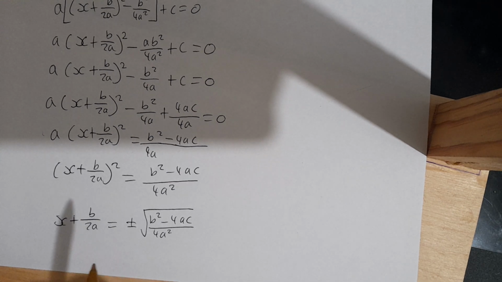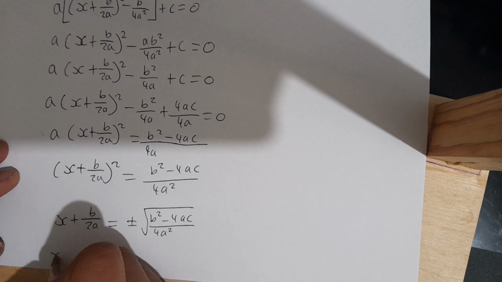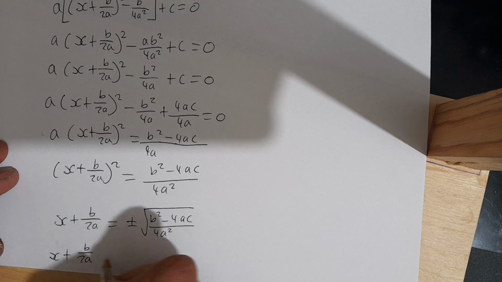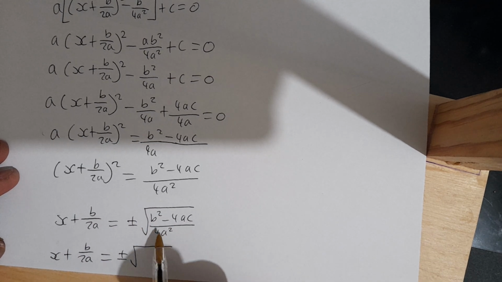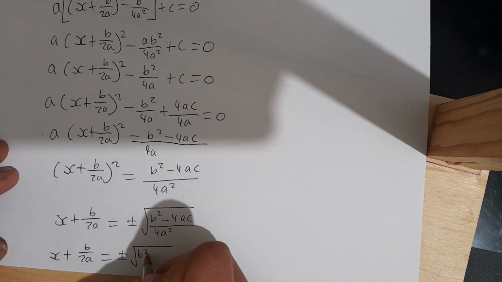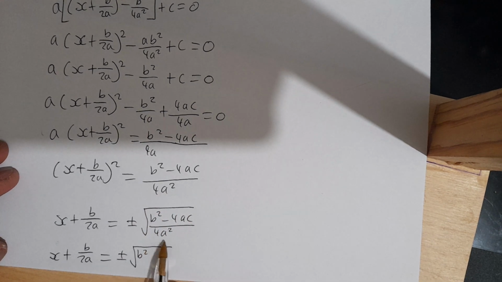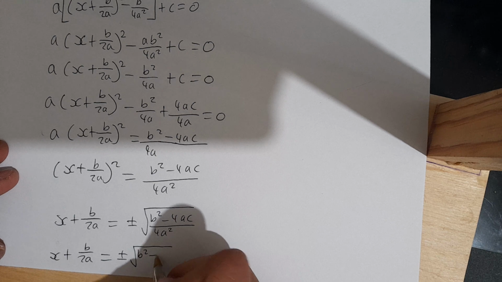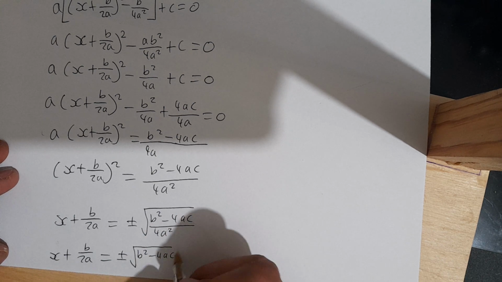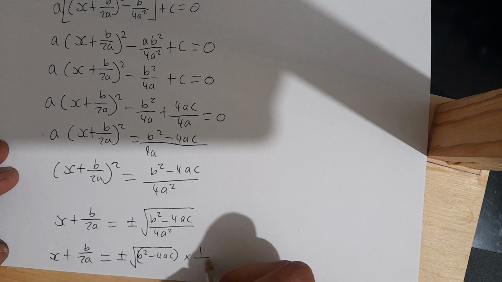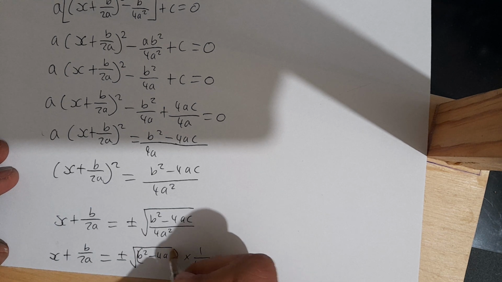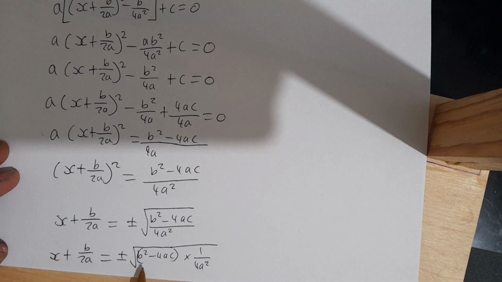Well, what do we do now? x plus b over 2a equals plus minus square root. And in the square root, what you have to remember is that b squared minus 4ac over 4a squared is the same as b squared minus 4ac multiplied by 1 over 4a squared. Because this is going to go under it, just like here.